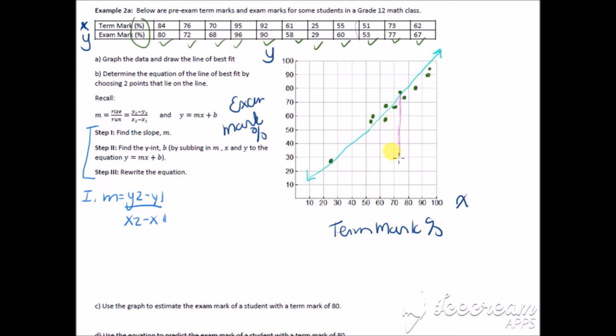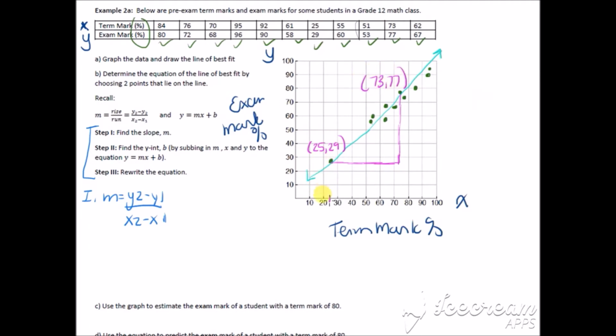If not, maybe you can revisit your line of best fit and use the 2 closest points. I have these 2 points right here: this point is 25, 29, and this point up here is 73, 77.